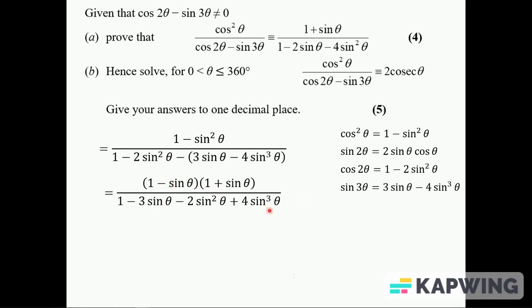Now that bottom line, I think it's easy to see if I write it out with x's rather than sine thetas. I'd like a 1 minus sine theta as a factor, so I'd like this to have a factor of 1 minus x, and if you put x as 1 in, you get minus 5 here and 5, so 1 minus x is a factor because putting x equal to 1 does give you 0. And then the other factor, well, the first term is going to have to be 1, because 1 times 1 gives me 1.